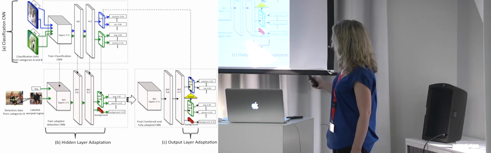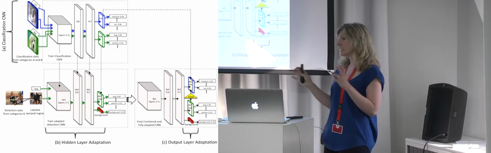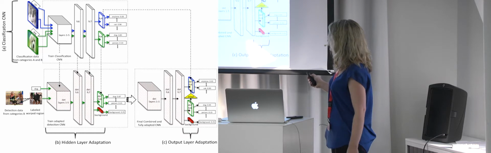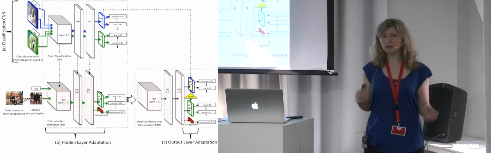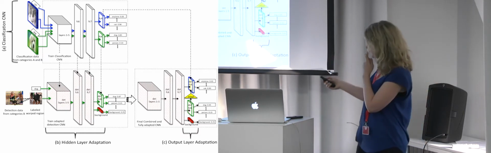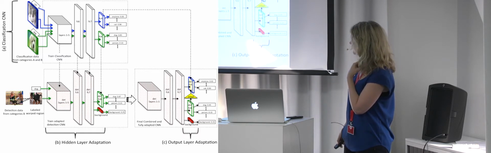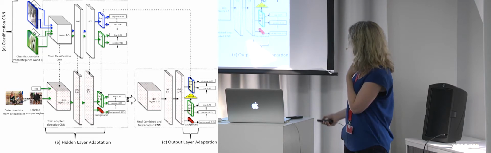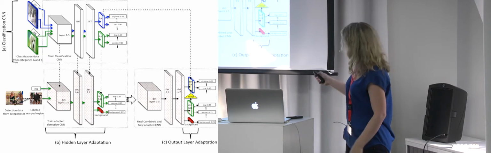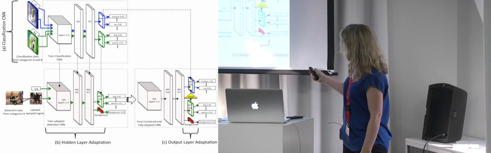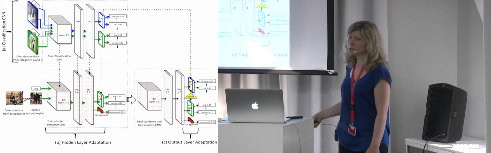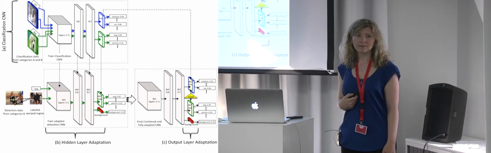But now this could be different. So that's why we're doing a little bit of transformation on this output layer, just to make it accept the new fine-tuned FC7 layer outputs. And then we're done. So now we just have a detection network that can detect all of our categories.